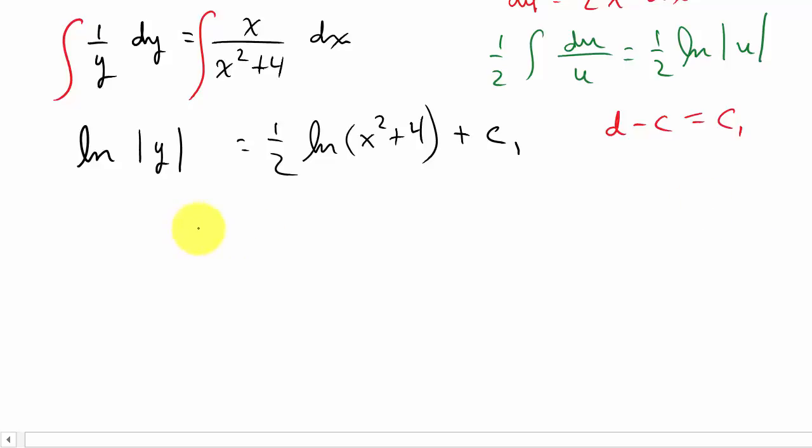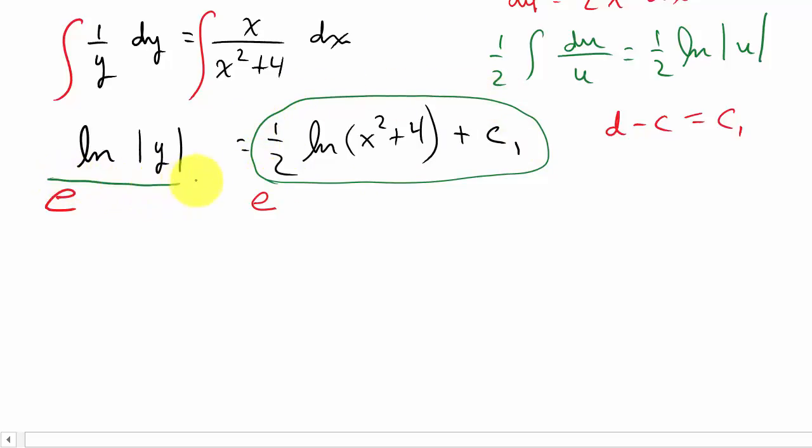Well, the way I'll do that is I can take both sides of the equation, and I can write e raised to this, e raised to this. See, this whole thing here is my exponent, and this whole thing here is my exponent on e.